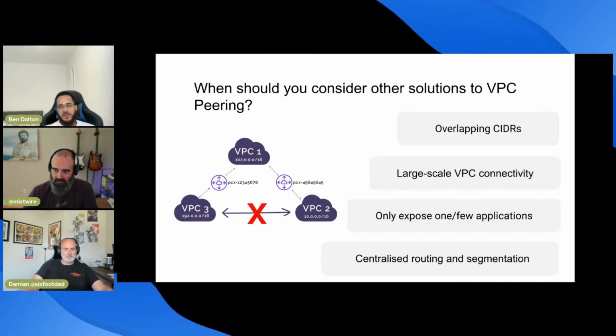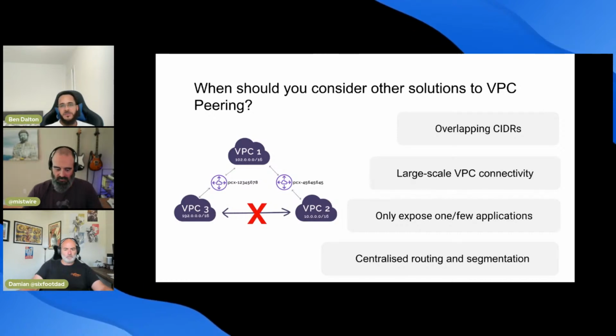If you only want to expose one or two applications, and even exposing a subnet is a bit too much, then VPC peering is overkill. Overexposure is not good in terms of security. In that scenario, you may consider something like PrivateLink, for example.